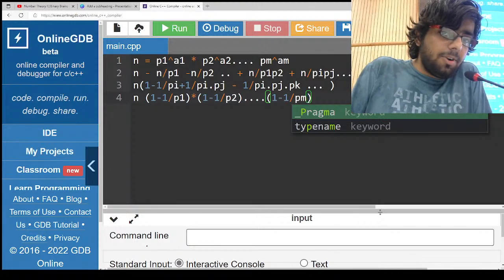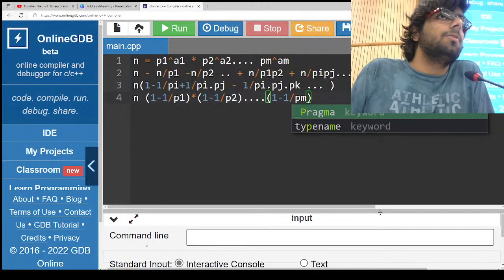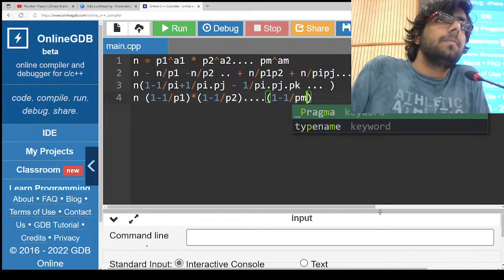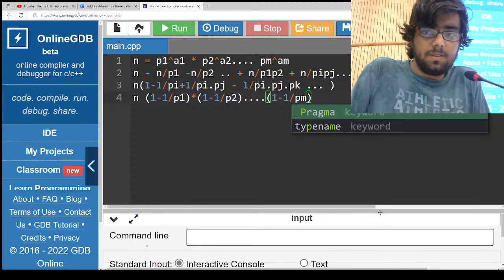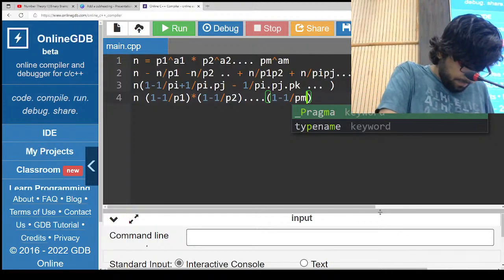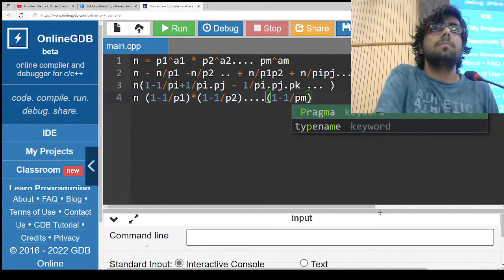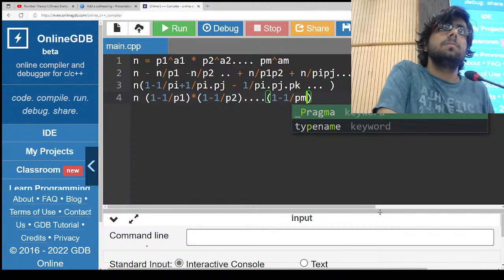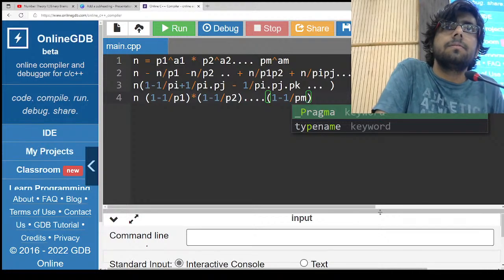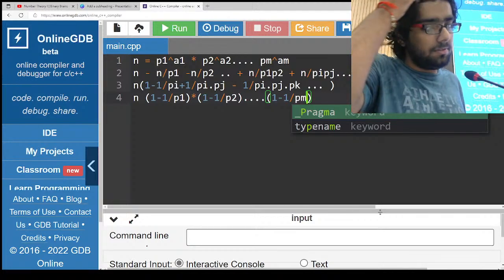Now if we want to find the Euler totient function for each number from 1 to n, how would we do that? Yeah, correct. Basically, we will again apply the technique of sieve.